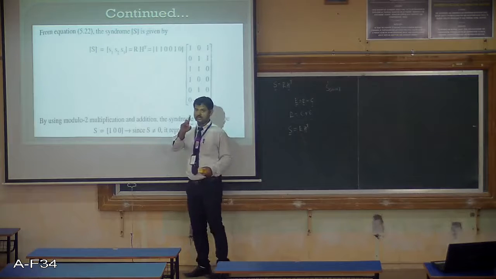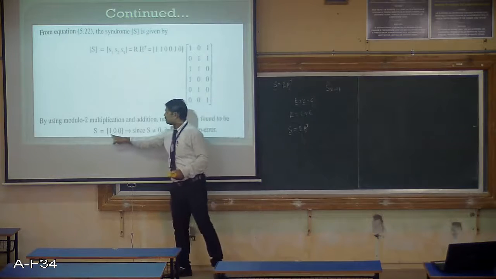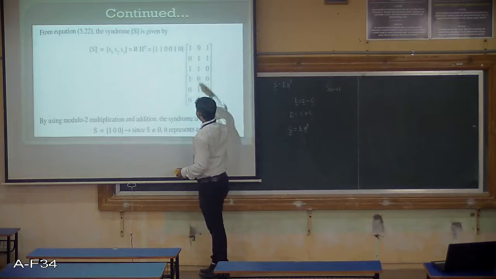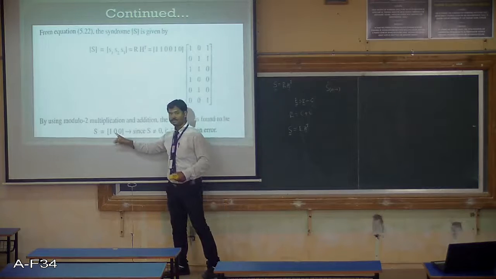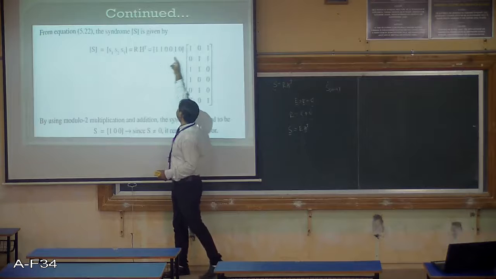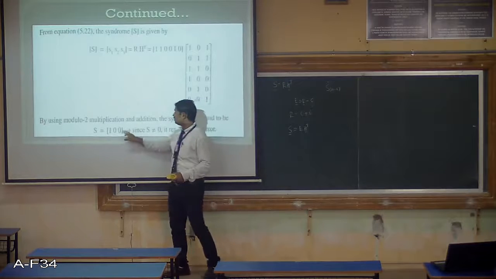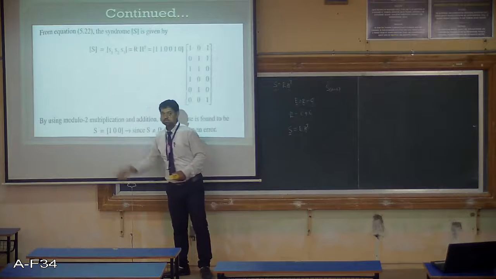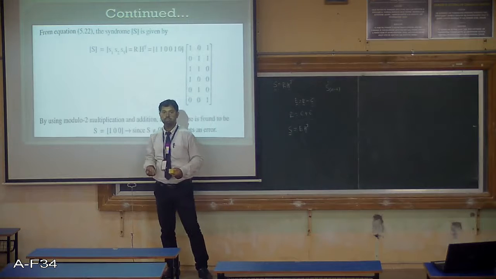So there is only 1, so your bit is 1. Similarly, the entire row into the second column gives the second bit, and the entire row into the third column will give you the S3 bit. So this is the value of the syndrome.